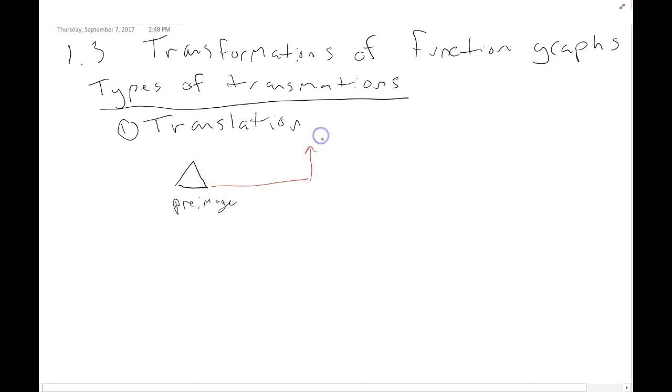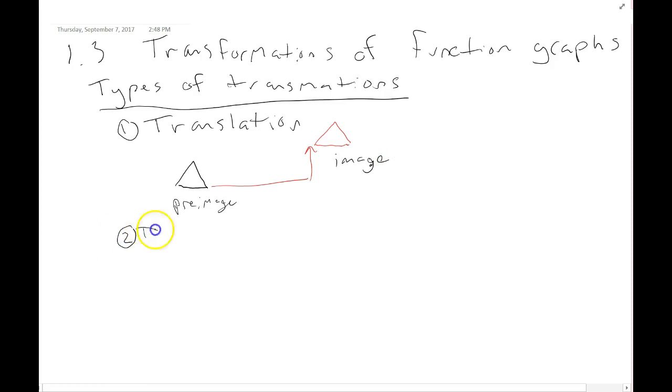And you're going to have the exact same shape, just in a new location, right? Okay, so that's a translation. And this would then be the image, right?